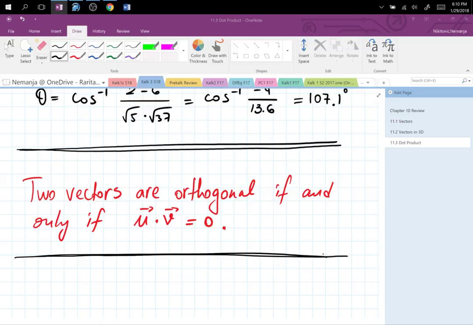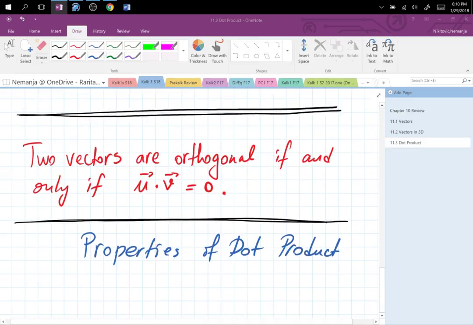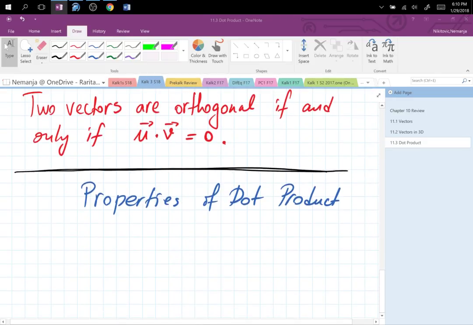And so now we have some properties of these dot products. Number one, the dot product is commutative. So u dot v is the same as v dot u.